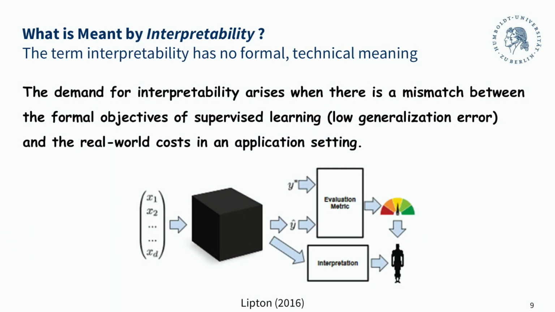One such paper that you might want to read is the one of Lipton, an easy read, fairly comprehensive overview of the field. I'm borrowing a quote from that paper here, where he's arguing that the demand for interpretability arises exactly when there is a mismatch between the formal objective of some supervised learning model, which typically is low out-of-sample error or low generalization error, and the real world costs in application settings.